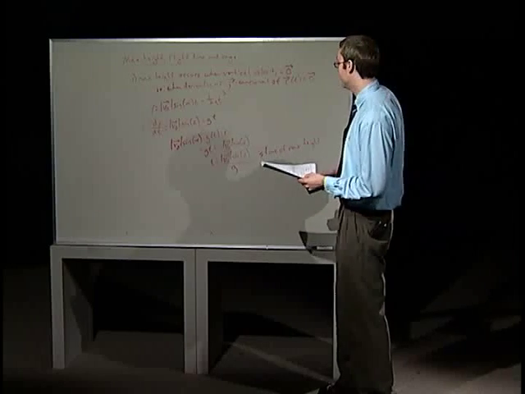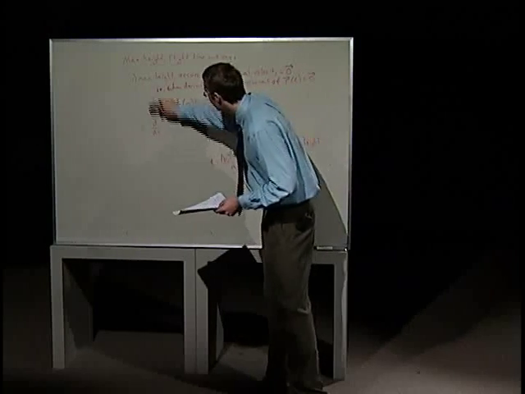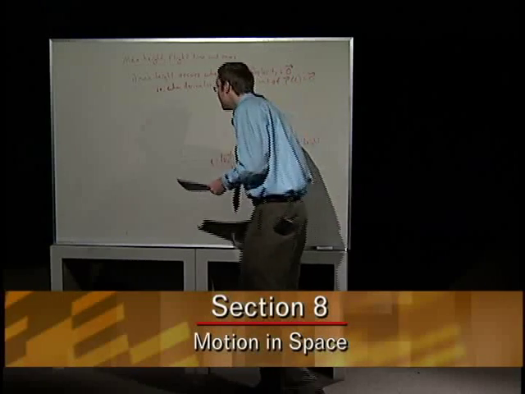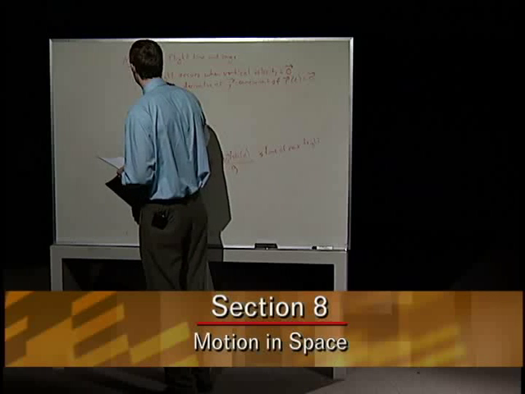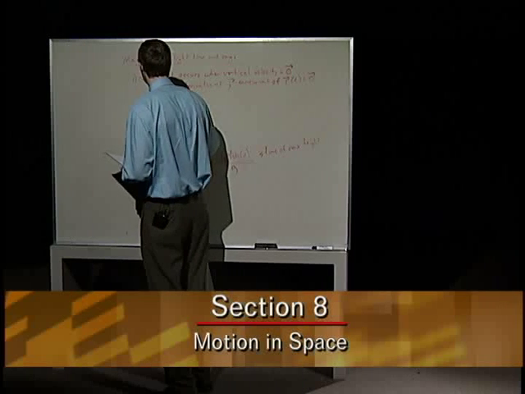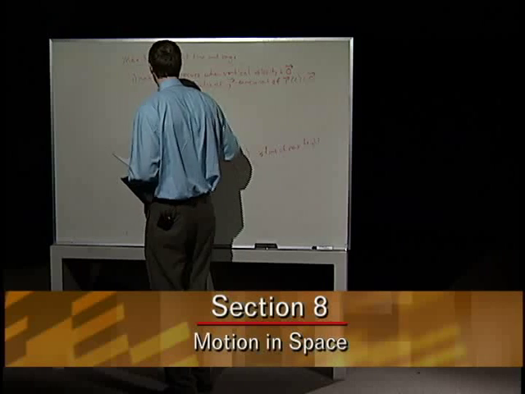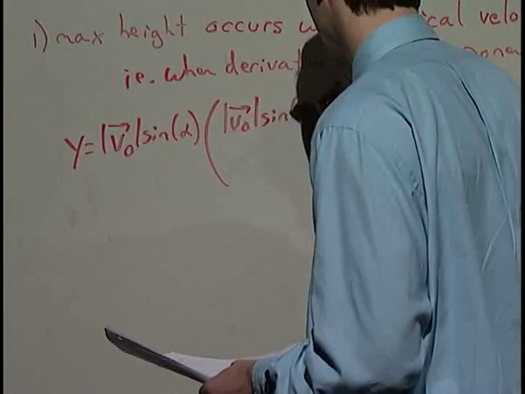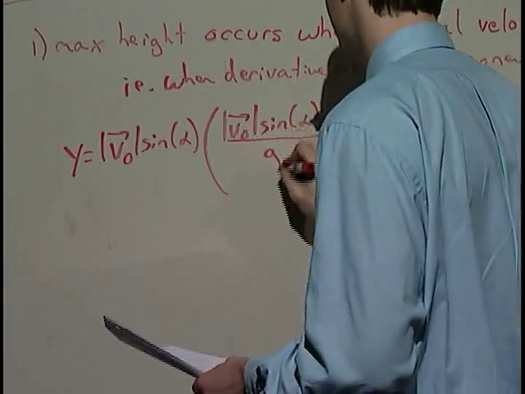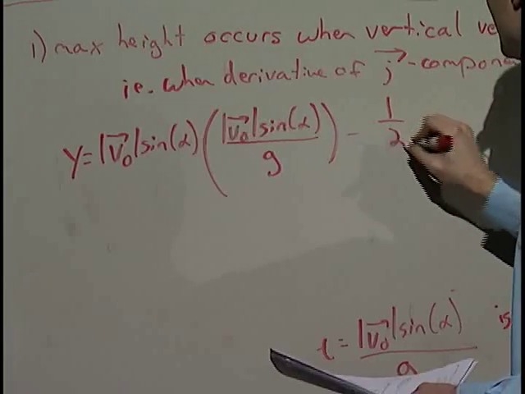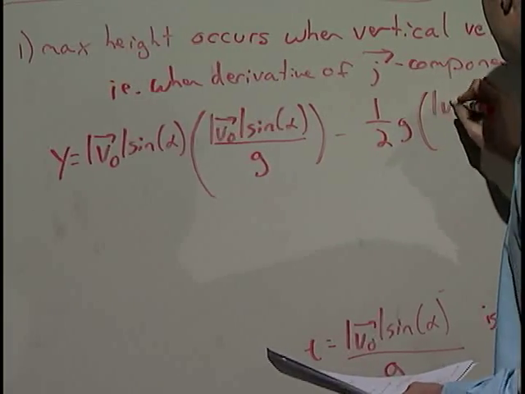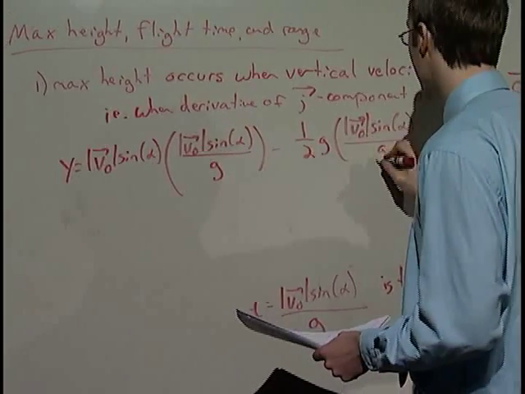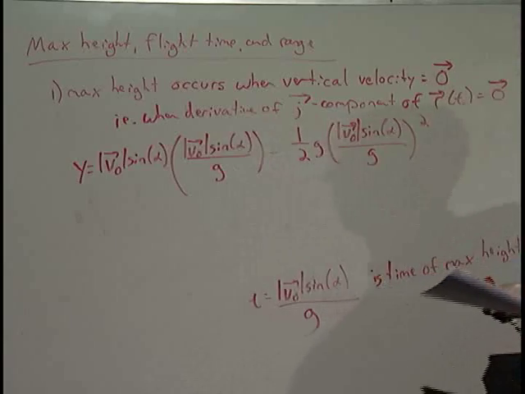So let's kick this stuff out of here. We have that t, so I'm going to plug this into my y component: v naught sine alpha times v naught sine alpha over g, minus 1/2 g times v naught sine alpha over g, the whole thing squared.